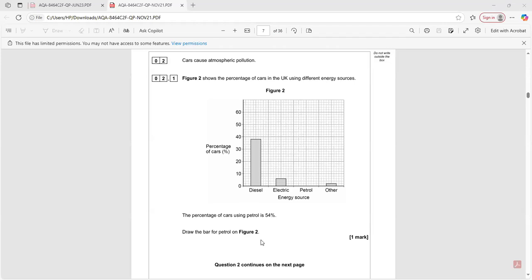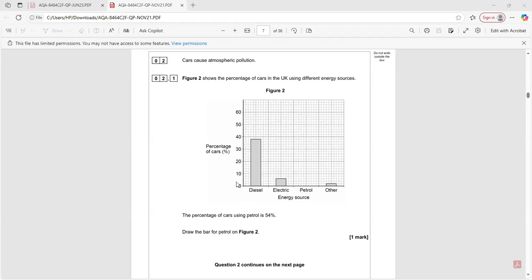Oh okay, sorry, they just didn't show it on the graph. Obviously more cars will use petrol. I started wondering why petrol didn't show. It says percentage of cars using petrol is 54%. Draw the bar for petrol. I guess you can do that.